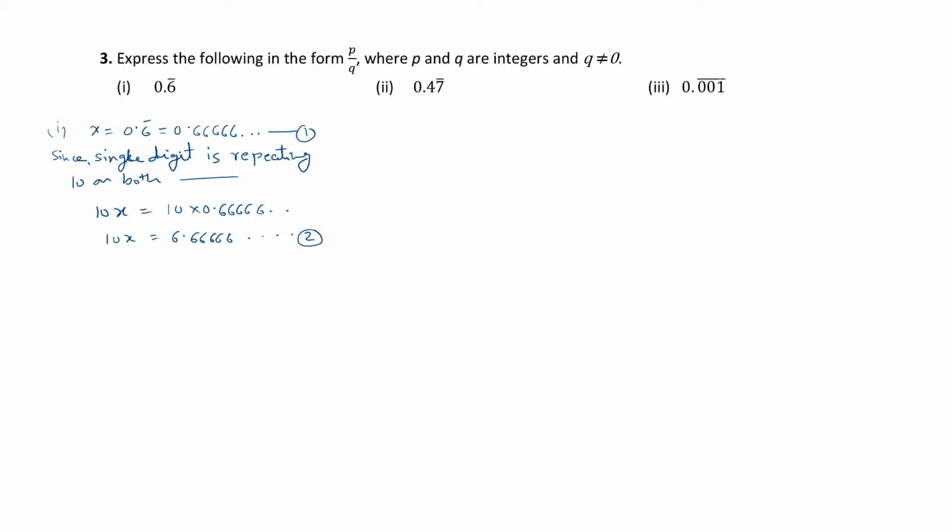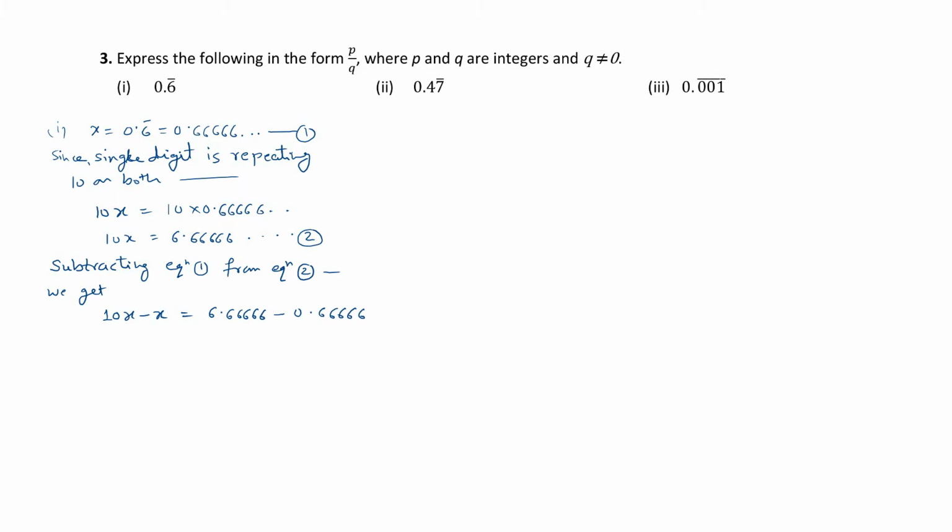If we subtract equation number 1 from equation number 2, we get 10x minus x is equal to 6.66666 minus 0.66666.